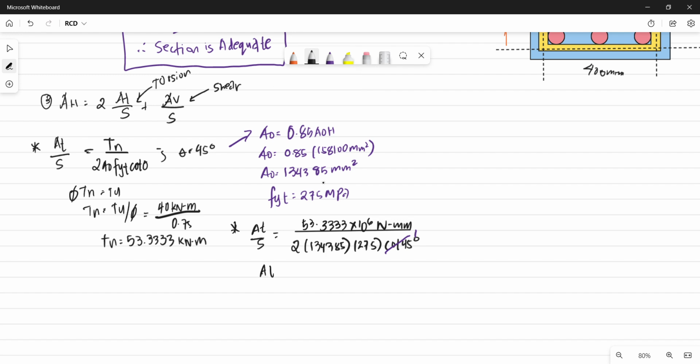So AO over S is equal to 0.472 mm squared over mm. Okay? So 2AO over S is equal to 0.944 mm squared over mm. We're done with the torsion.